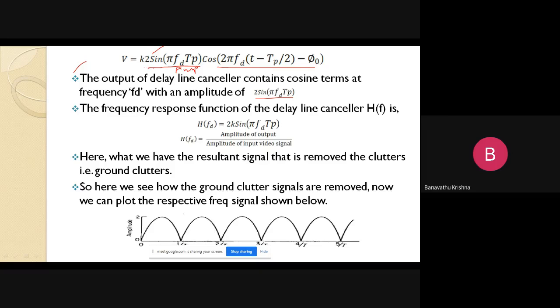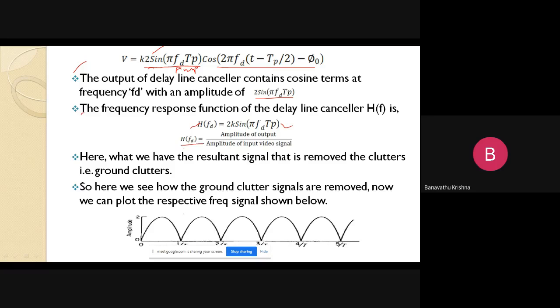This is the actual response of our system. The frequency response function of the delay line canceller, H of fd, equals 2k sine pi fd Tp.